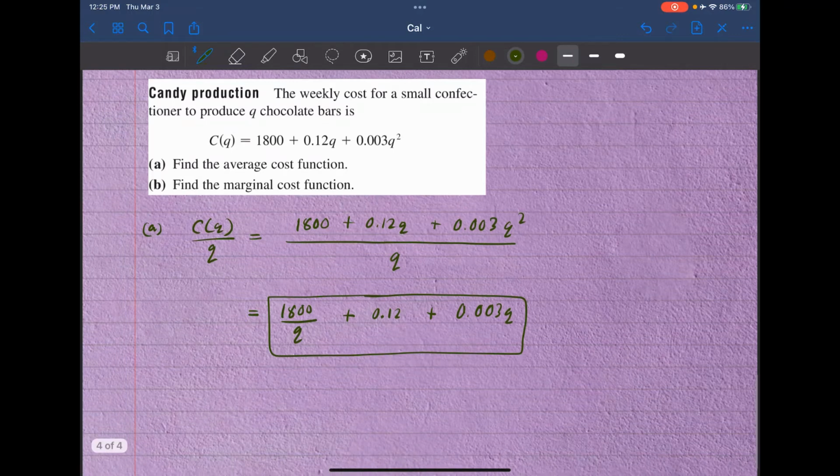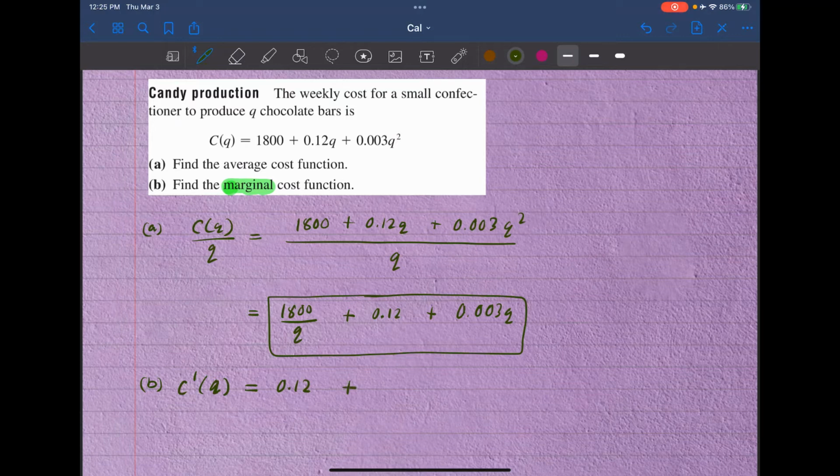Now for the second part, we want to compute the marginal cost. So the word marginal means derivative of the cost function. So the derivative of the cost function with respect to the variable Q, by using power rule, we know the derivative of a constant is simply 0. And then the derivative of 0.12 Q will simply be 0.12.